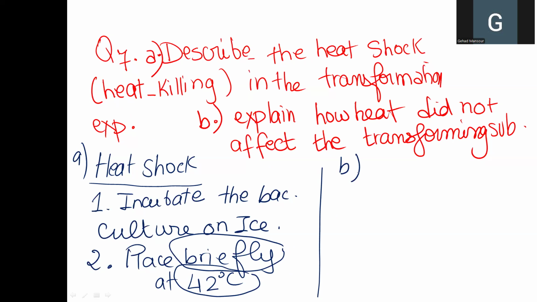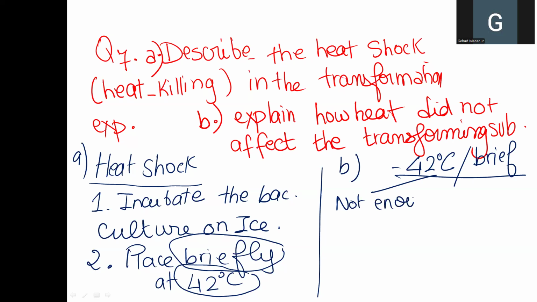The justification is that this temperature, 42 degrees Celsius, and the brief duration of the heat are the key, because first of all, this rather low temperature is not enough to damage DNA. Why?